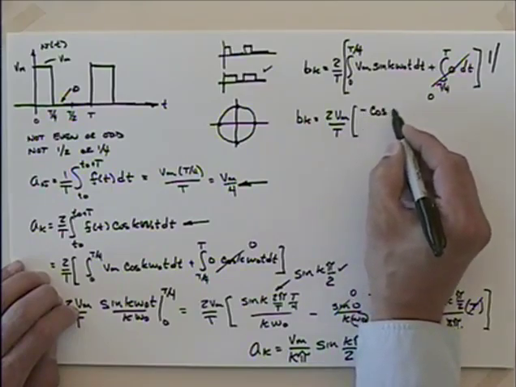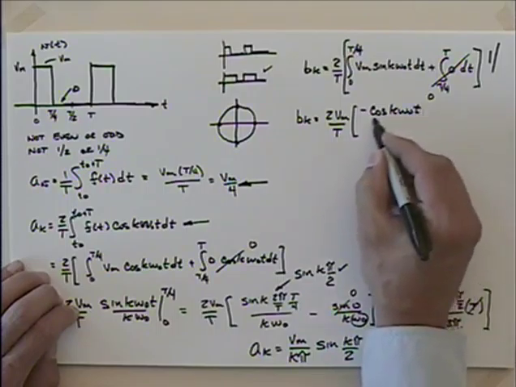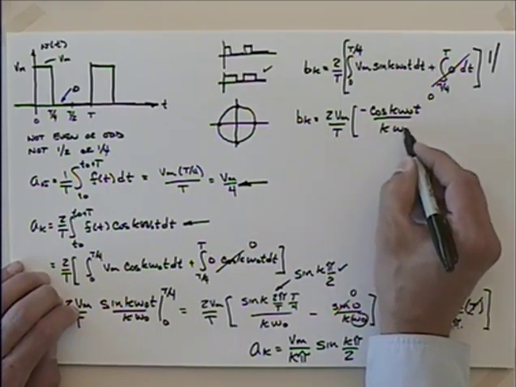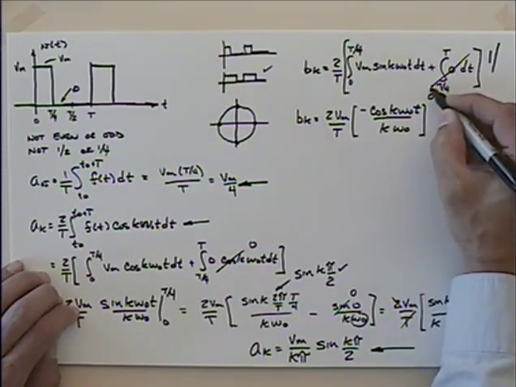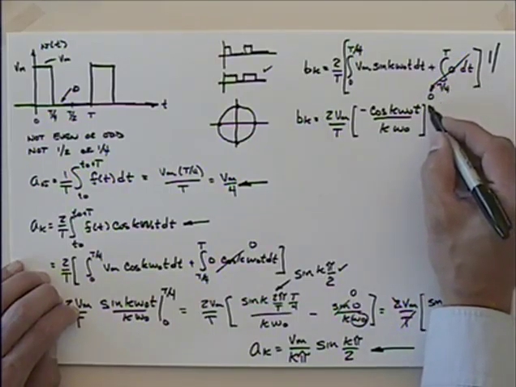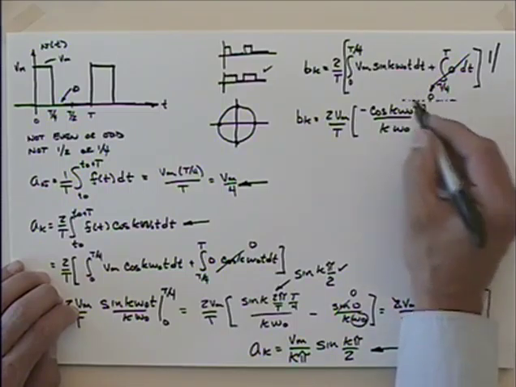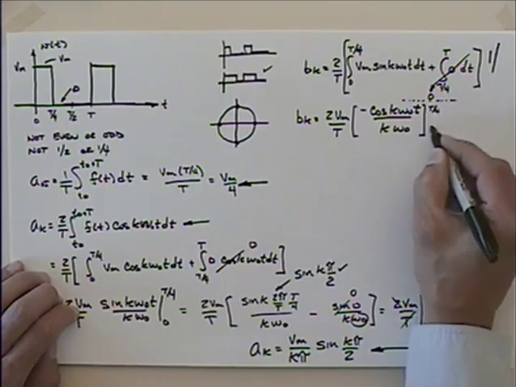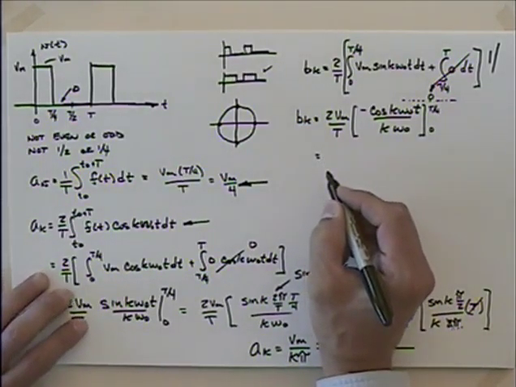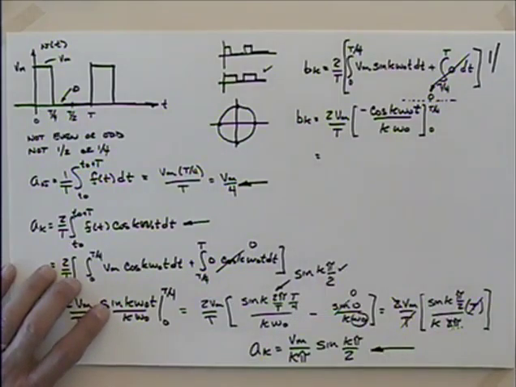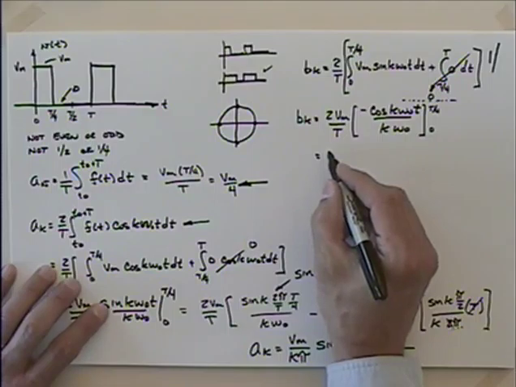Minus cosine of k omega naught t divided by k omega naught. I'm evaluating this at t over 4 and 0.